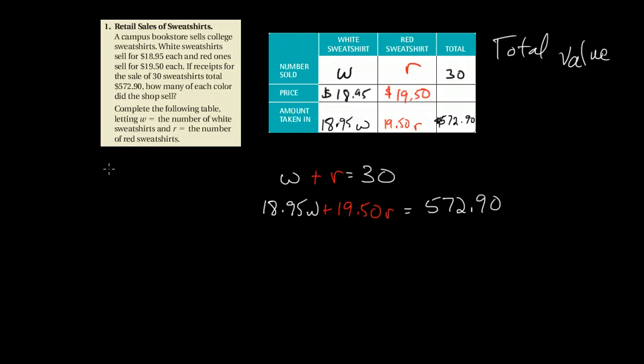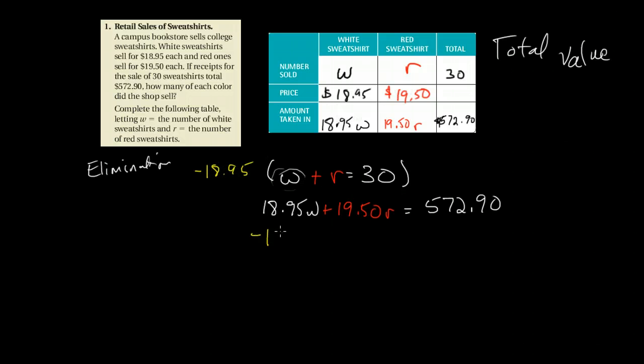Let's try using elimination. Using the elimination method, we are going to eliminate the W's by multiplying the entire equation by negative $18.95.